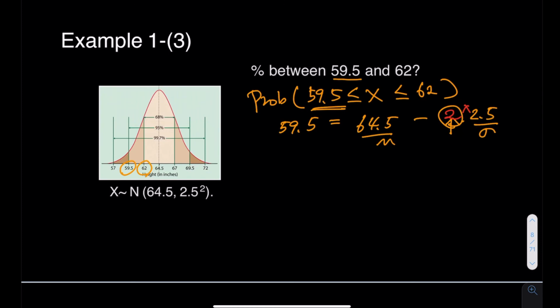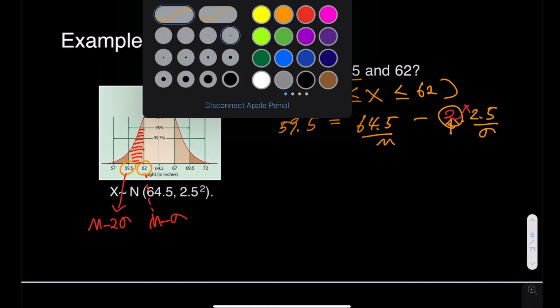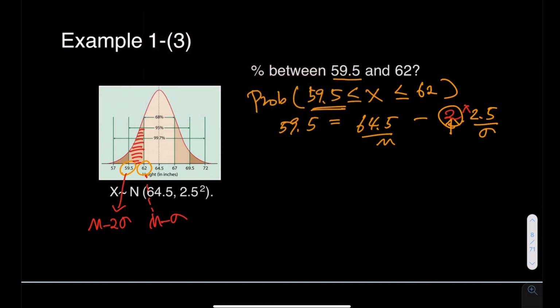Okay, so we have here mu minus 2 sigma. Here, mu minus sigma is a boundary. And what's the area we are looking for between these two numbers? Actually, we are interested in this area. So can we find this area? It's a little bit tricky, however, it's not that difficult. There could be many different ways to find the solution, but let me use this way.